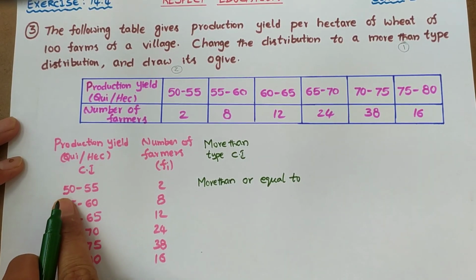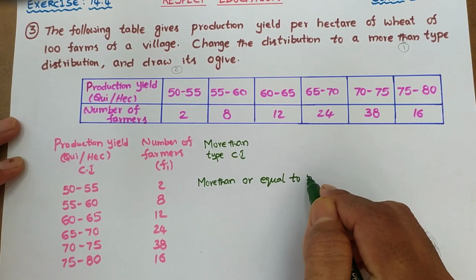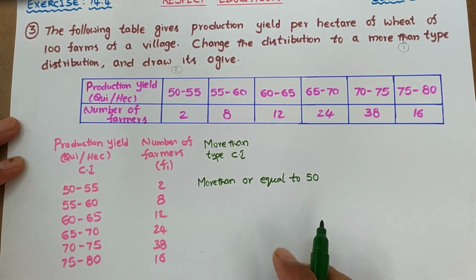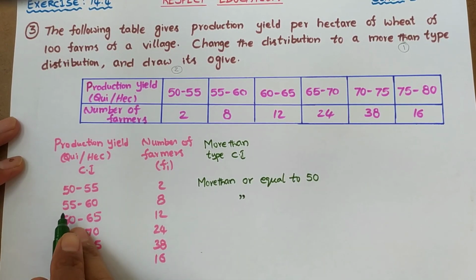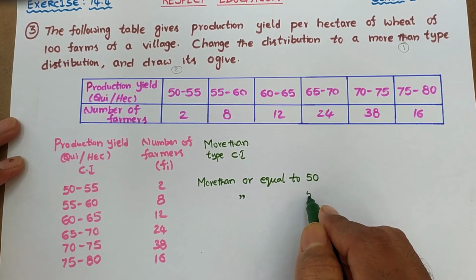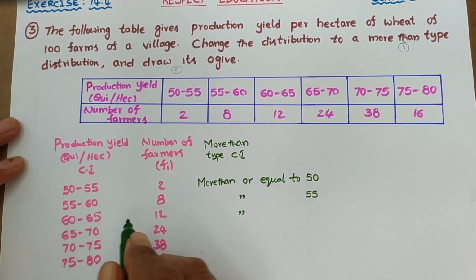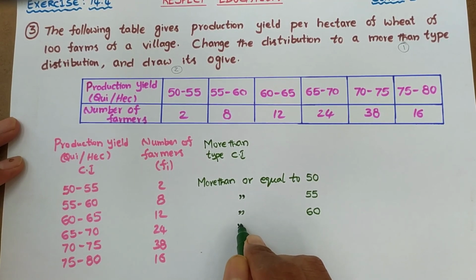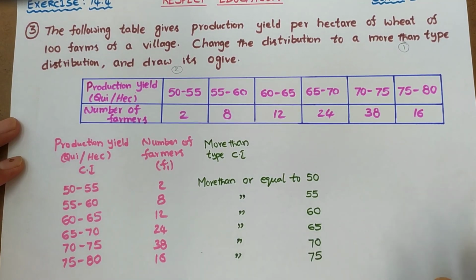Here we should take the lower value, that is lower limit of the class interval, that is 50. So more than or equal to 50. Similarly, more than or equal to 55, more than or equal to 60, more than or equal to 65, right?